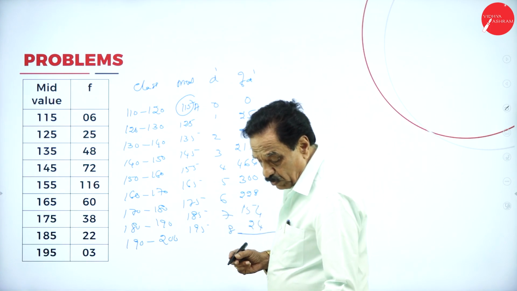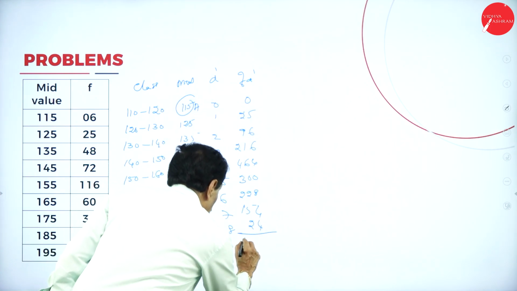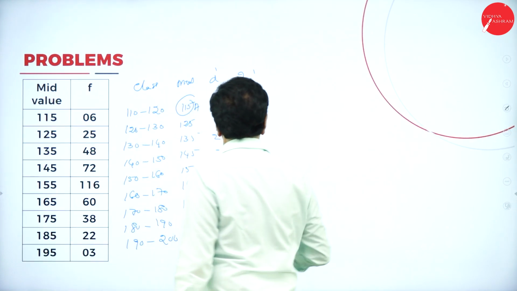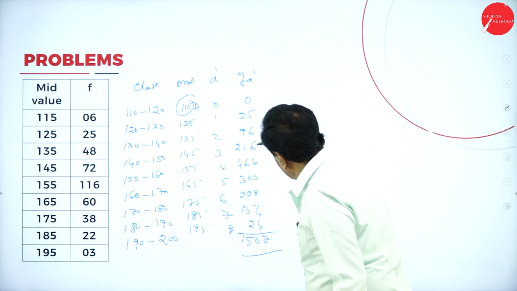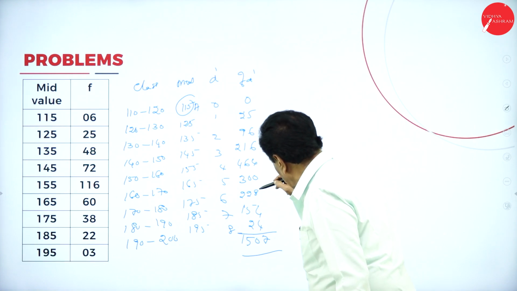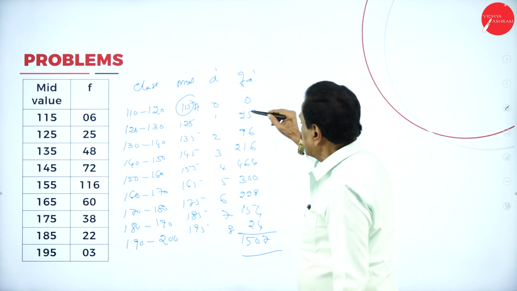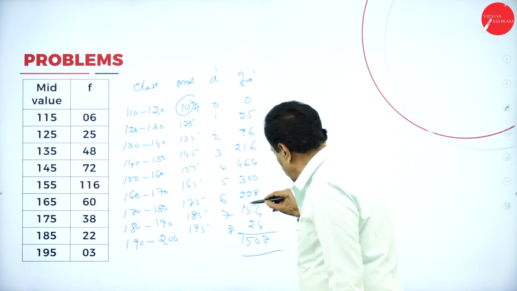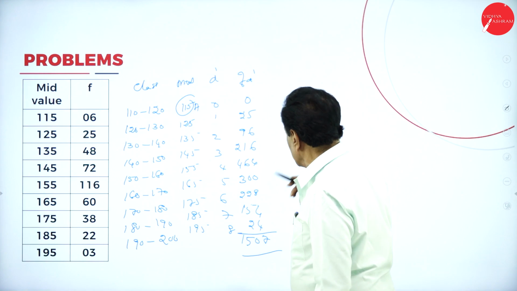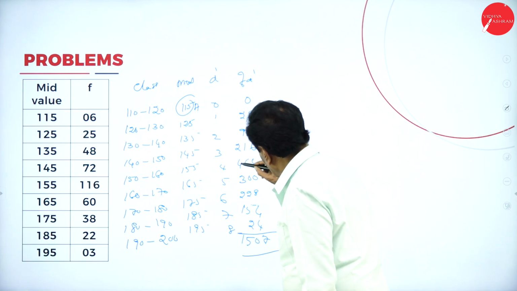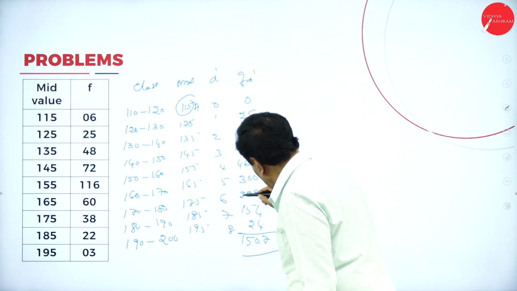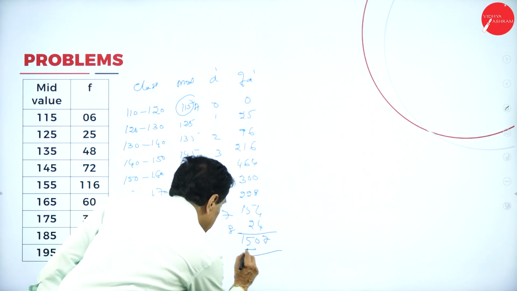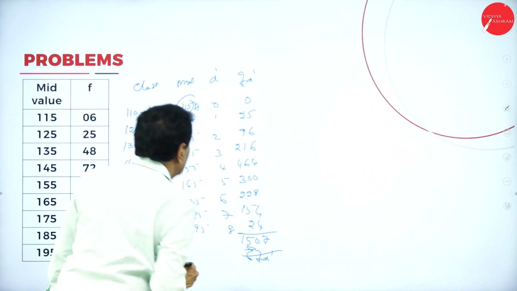It comes to 1507. Check the number. 1507 is cumulative. This is sigma f t dash.